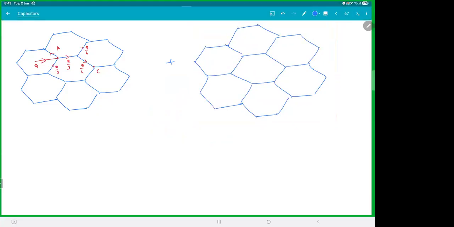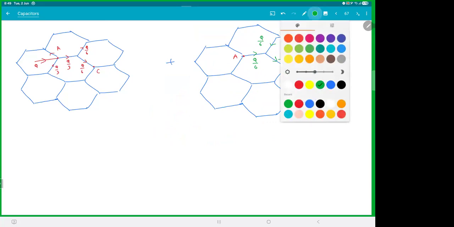If you do that same logic here, so this was A, this was C. So if you pull charge Q from C, this guy will be Q by 3 and this guy will be Q by 6 and Q by 6. I hope that was making sense. So once you go one more step further, the Q by 3 will again split into two equal pieces because both are equal.